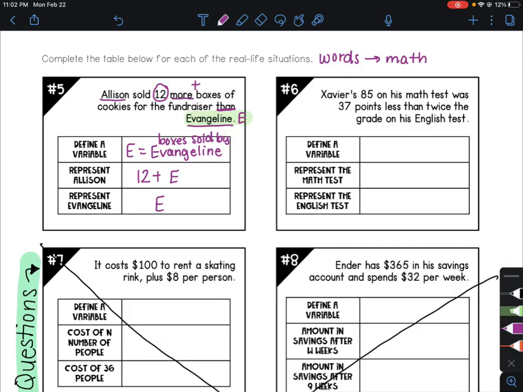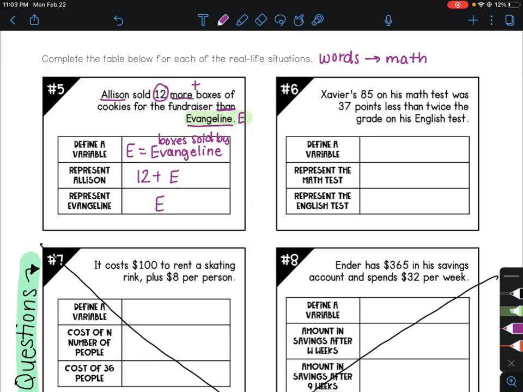If we ever wanted to figure out how many Allison sold, we would just take whatever E is equal to, whatever Evangeline sold, and then add 12 to it. So if Evangeline sold 50, then Allison sold 12 plus 50, she sold 62. And that is what the expression will do for us.